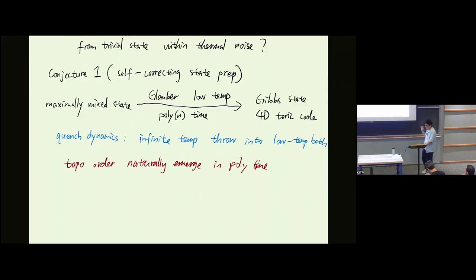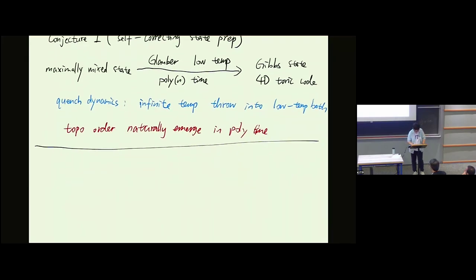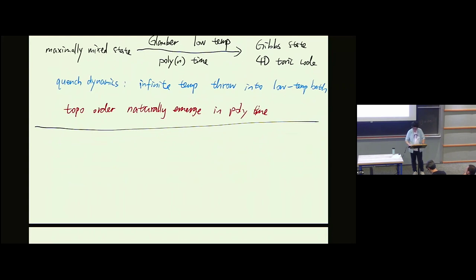But here we are saying that as long as we have this random initial state, which is also trivial, it somehow can avoid the exponentially slow mixing barrier. Okay, so next I will tell you a little bit about why this should be true or could be true. To do that, let me mention a second conjecture, which is just the Ising quench.